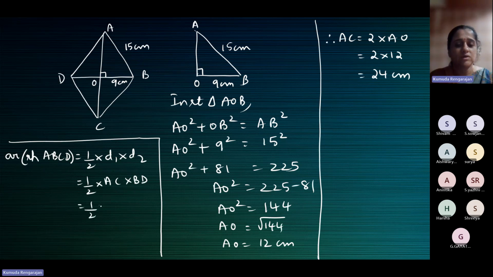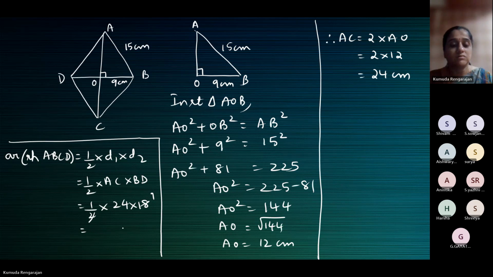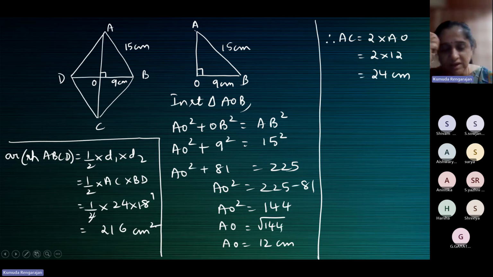So half into AC is 24, BD is given to be 18. So 2 nines are 18, and 24 into 9 is 216 centimeters square. So when the length of the side of the rhombus and the length of one of its diagonals is given to you, you can use the Pythagoras theorem to find the length of the other diagonal.